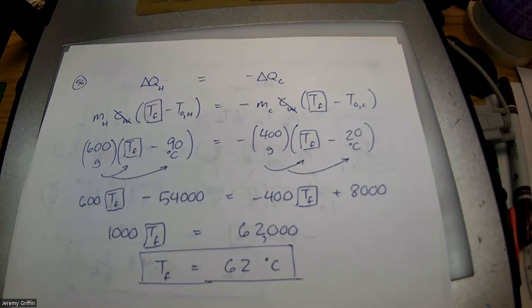And then instead of 90, 20, I'll have 90. Recalculated. Cancel out the saves.